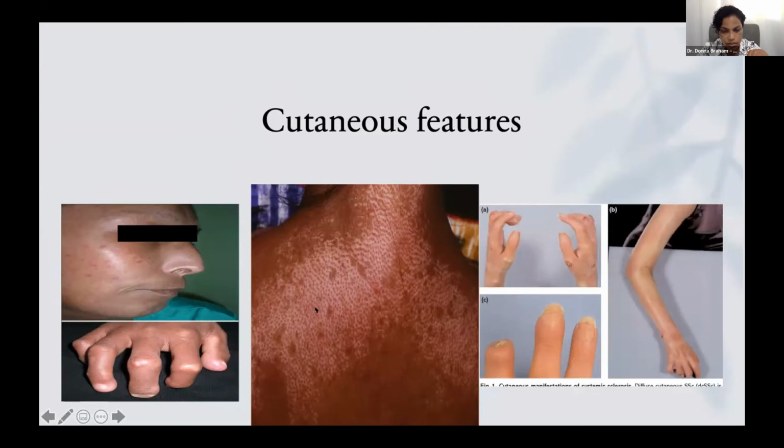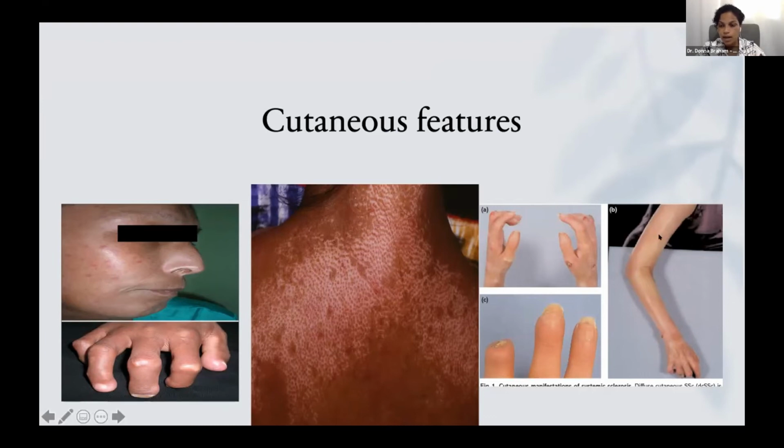You can also see some telangiectasias in it, which is suggestive of the poikiloderma also. This is a typical salt and pepper, and the skin, usually when you feel the skin, is very thickened and hardened. With Raynaud's phenomenon, the patient may also get digital ulcerations, which can be quite painful for them.